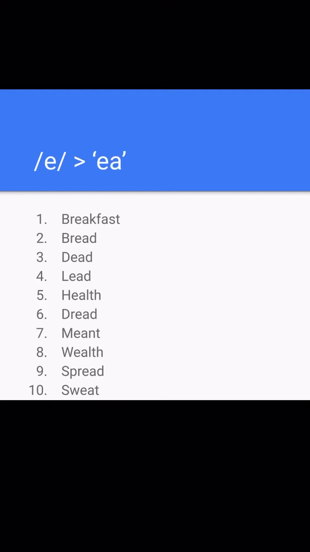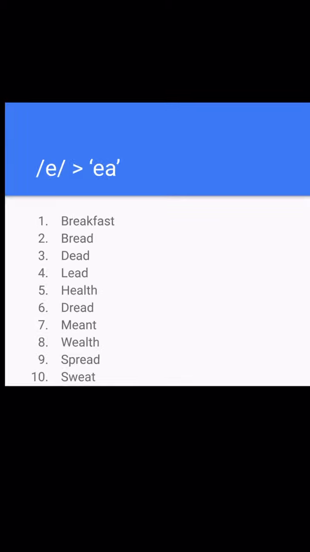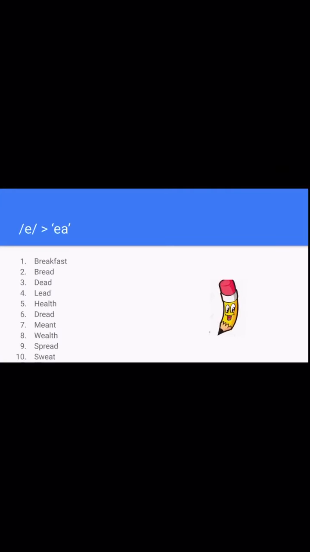For example, we have breakfast, bread, dead, lead, health, dread, meant, wealth, spread, and sweat. Okay? All those words have E-A in it, and that E-A makes what sound? Yes, it makes the sound. Very good.